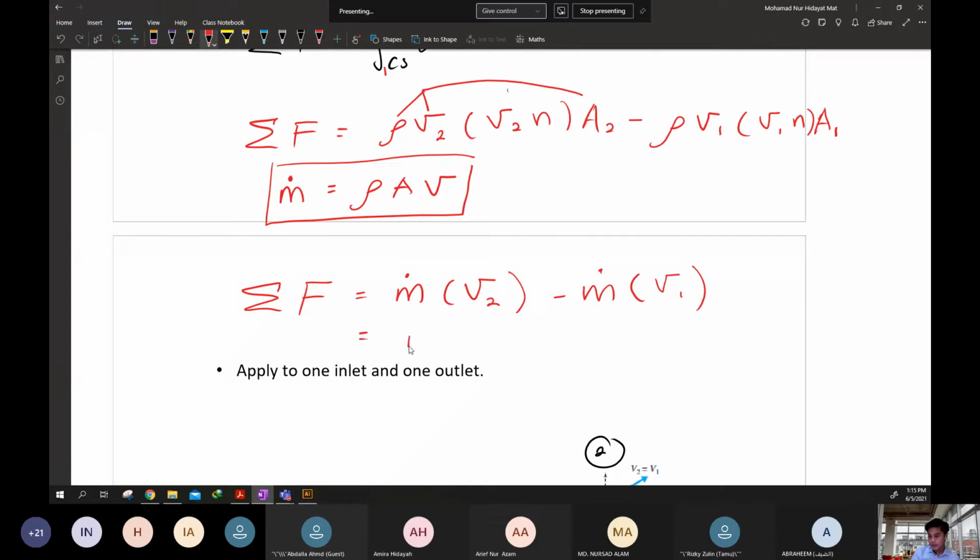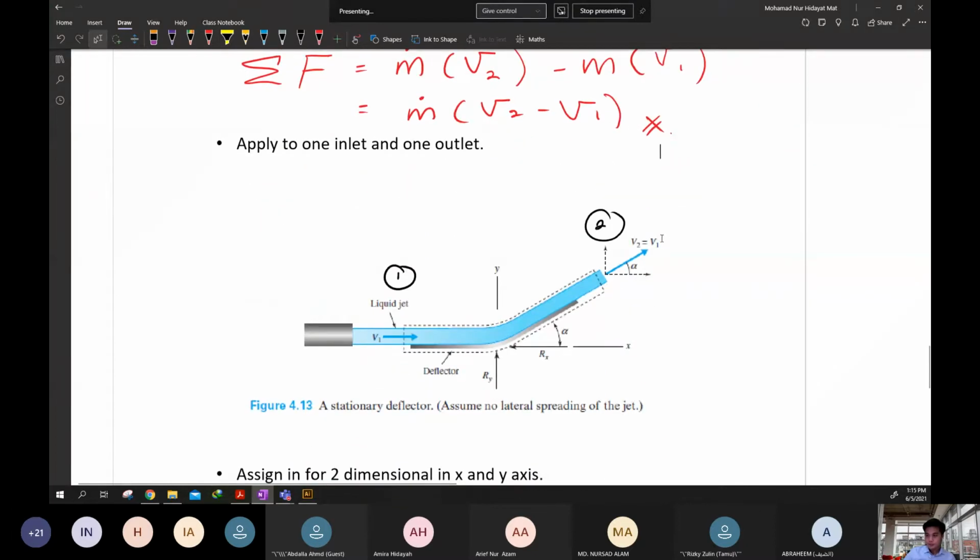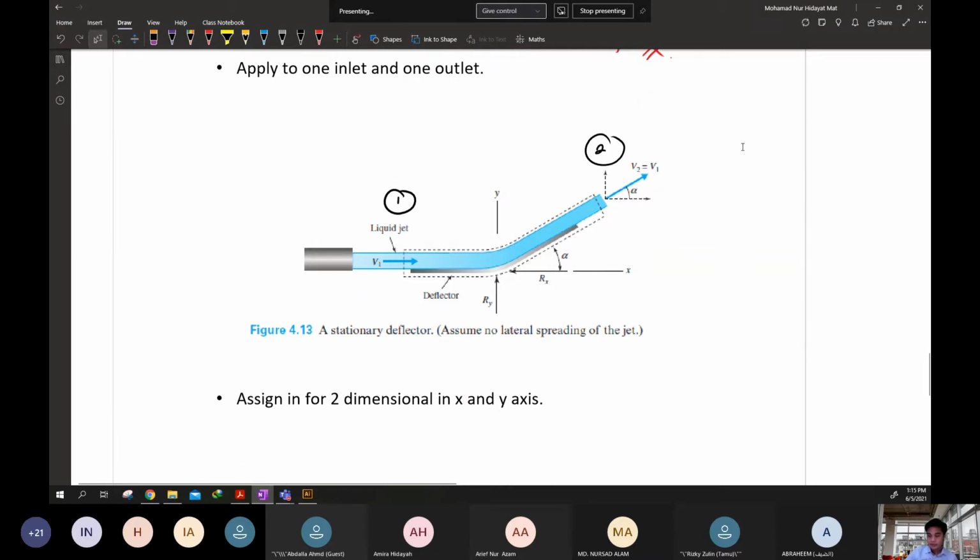So finally, F equal to ṁ(V2 minus V1). Where's the V2? This is V2. Where's the V1? This is V1.